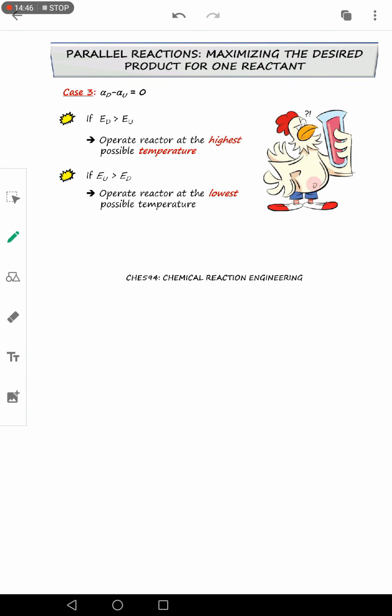Jadi for this case, if ED lebih besar EU, meaning that you have to make sure ni tadi macam ni kan.